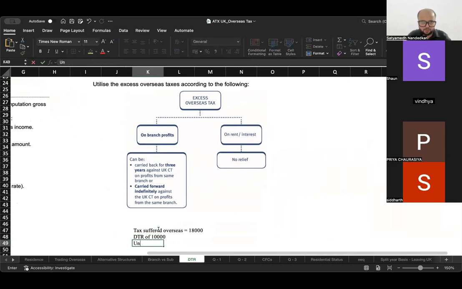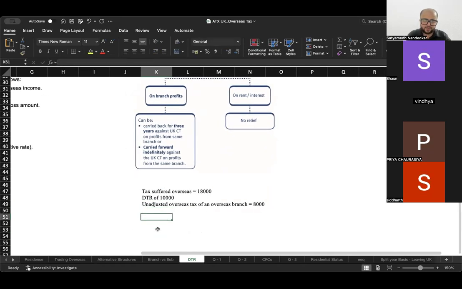Okay, so how much is the unadjusted overseas tax of the overseas branch? 8,000. Now, the head office, think from HO's perspective. Think from head office's perspective.